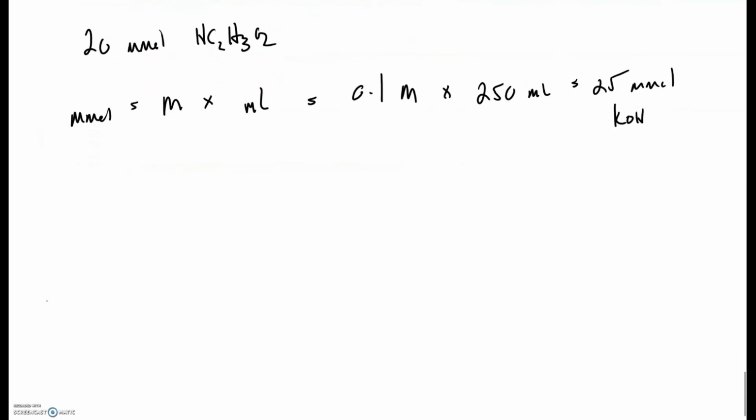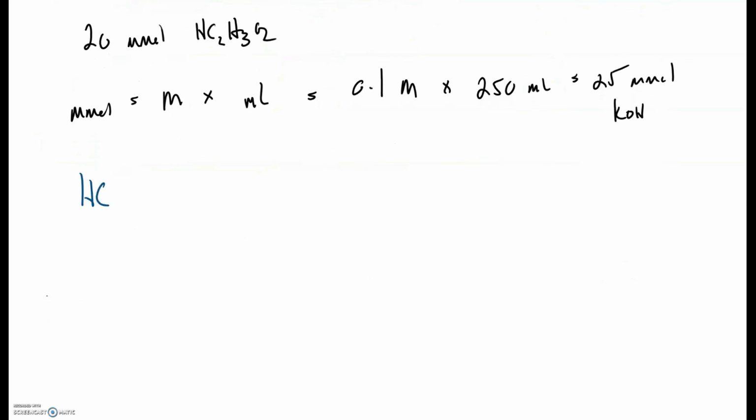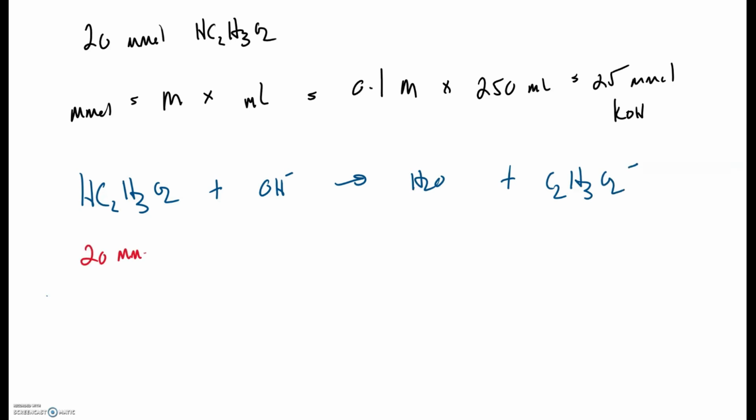So if we know that the neutralization equation looks like this, what's going to happen when we add to our 20 millimoles of acetic acid 25 millimoles of base?